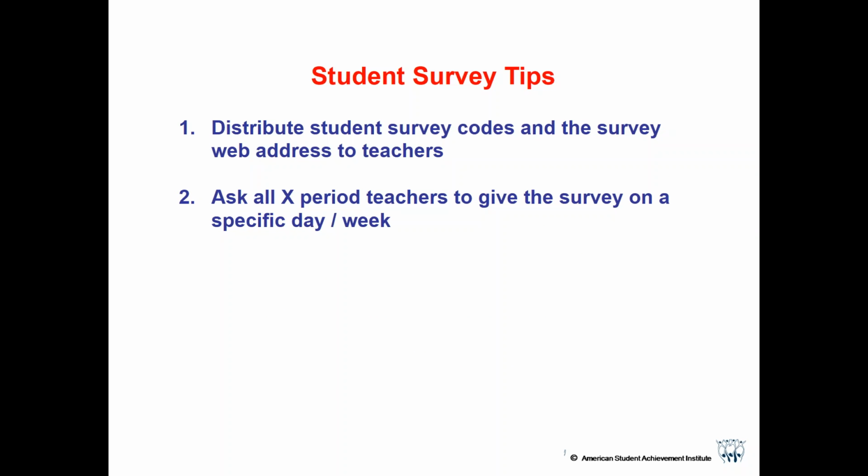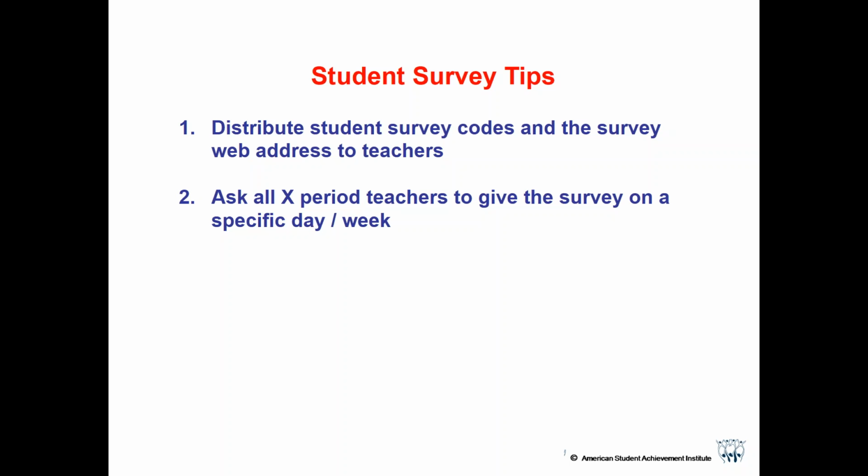Okay, so here's some tips. For surveying students, what you'll do is distribute the survey codes, which I'll show you how to get in a minute, and the survey web address to your teachers. And just ask all of your teachers to survey the students that they have at a given time or period on a specific day or week at some point during the survey window.